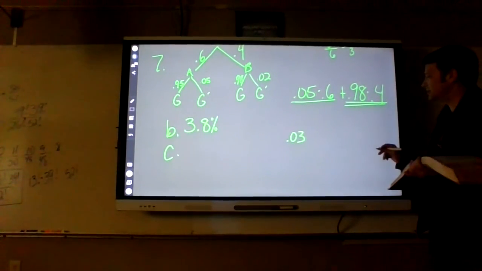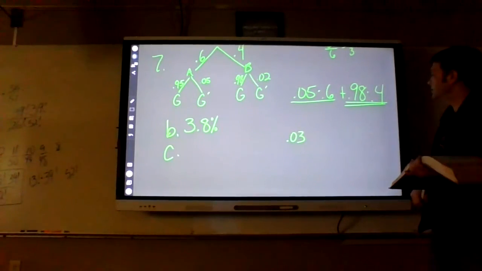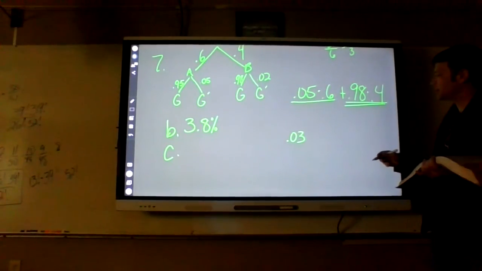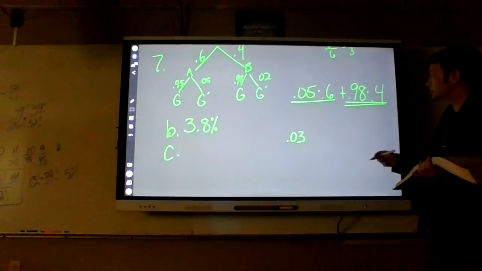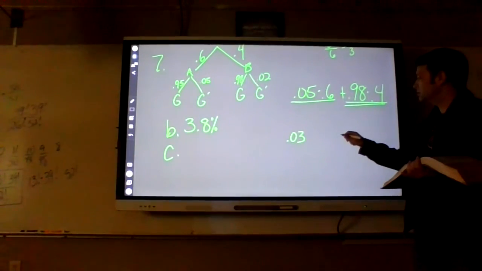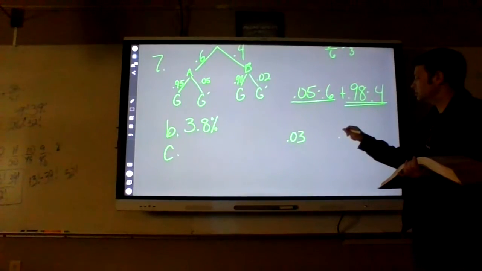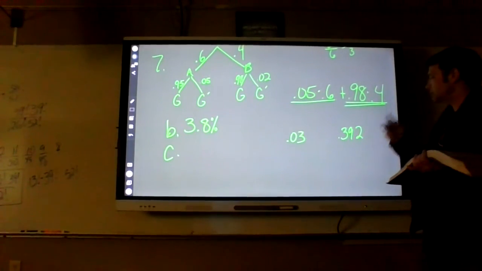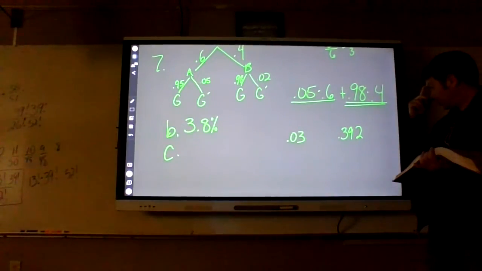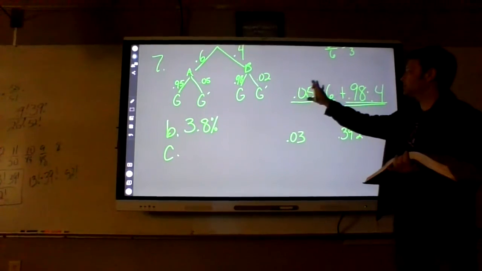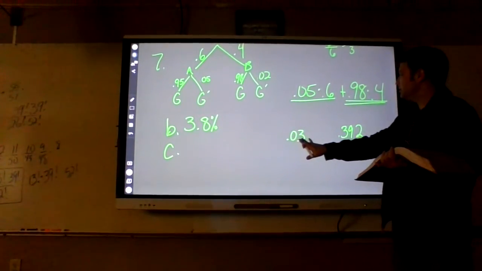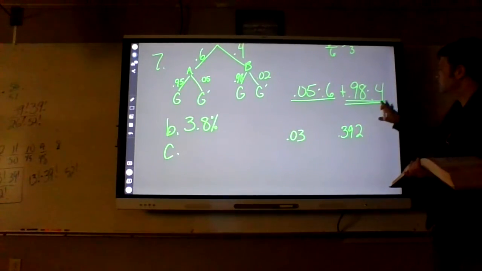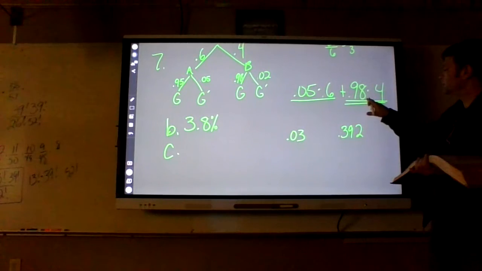What does that come out to? 0.98 times 0.4, 0.392. Did you multiply that times the 0.03, or just the 0.98 times 0.4?